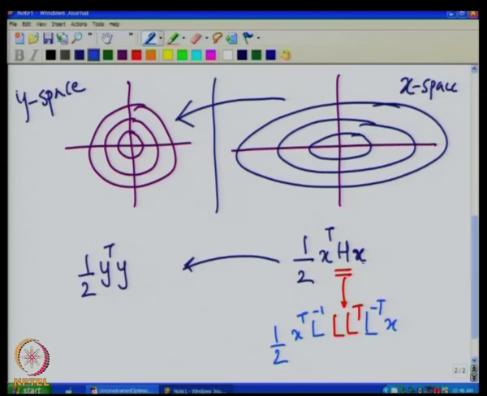If we define y to be L transpose x, then what happens?